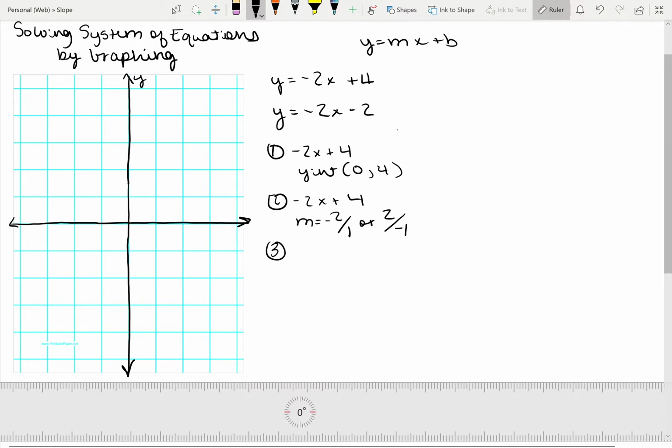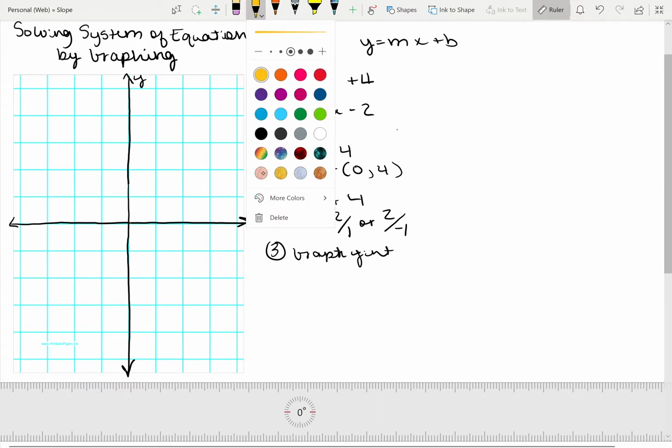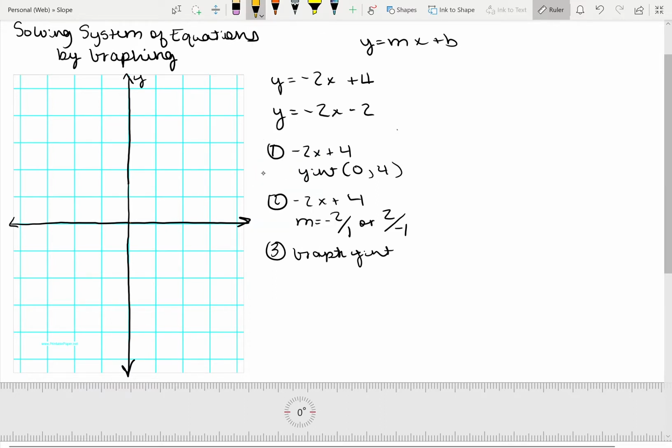Okay, and then step 3 would be to graph the y-intercept. So we have (0, 4), so that's 1, 2, 3, 4 on the y-axis. We place a point there.